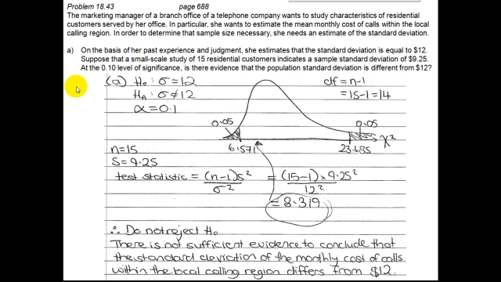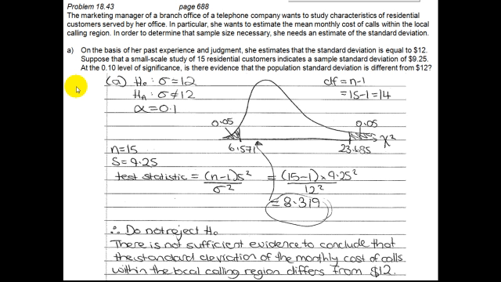So if we jump in and start setting everything up, we've got that the null, remember, always involves equals, so that is sigma, our population standard deviation, equal to 12. Because we're wanting to see if the evidence shows that it's different from $12, our alternative is then the complement, sigma not equal to $12. So it's a two-tailed test.